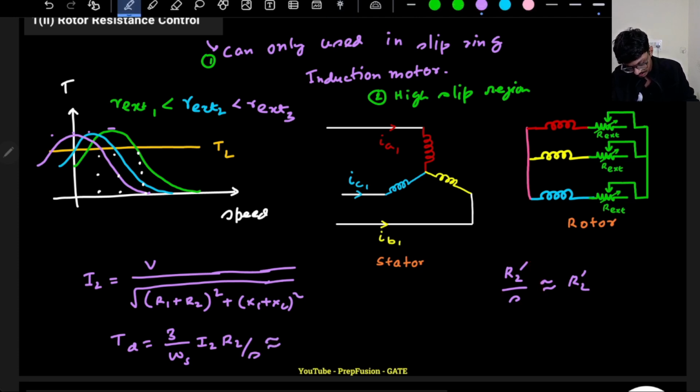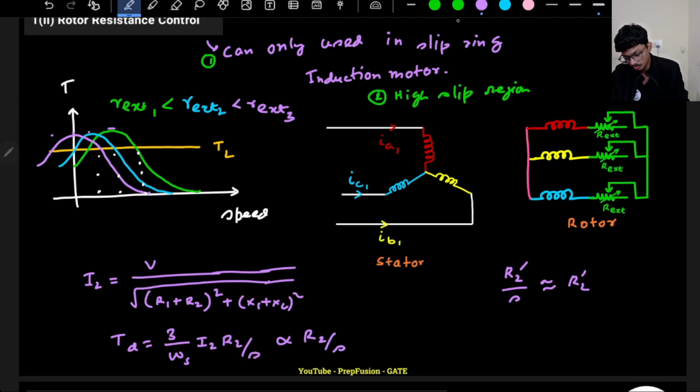So this will be proportional to R2 divided by S, because I2 is constant.